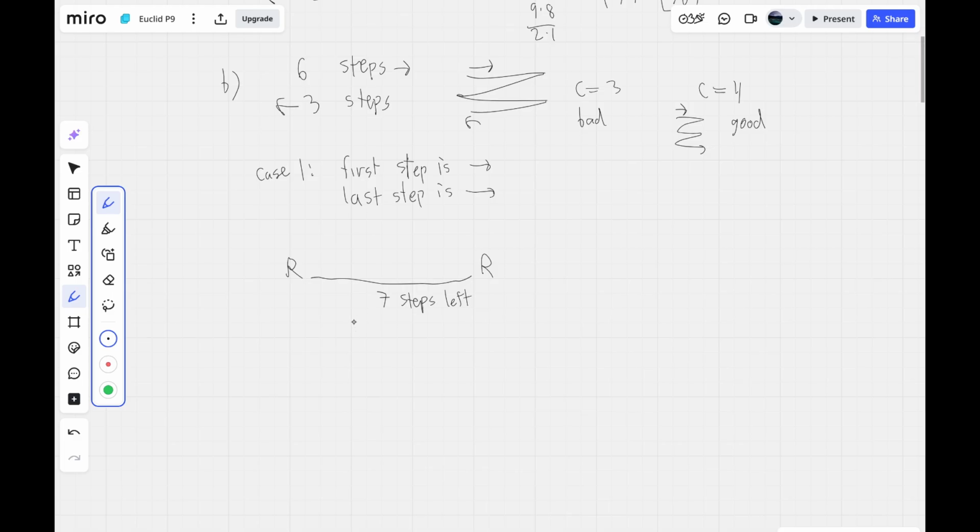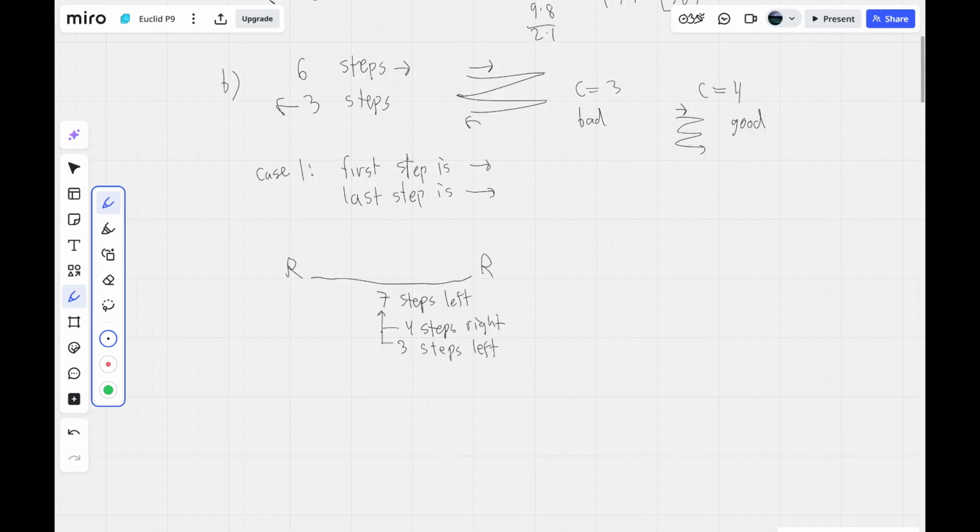And of those 7 steps, 4 steps are to the right, because we are making a total of 6 steps that are going to the right, and we have already used 2 of them here, right? So that means there are 4 steps to the right that are remaining, and obviously we haven't used any steps to the left yet, so 3 of the 7 steps are to the left.